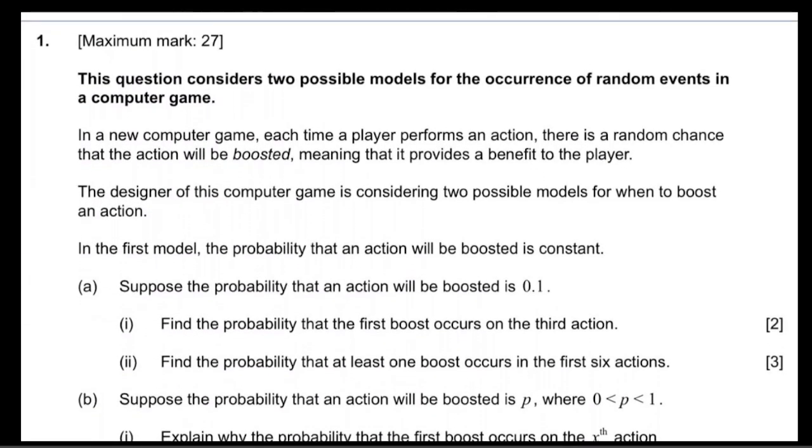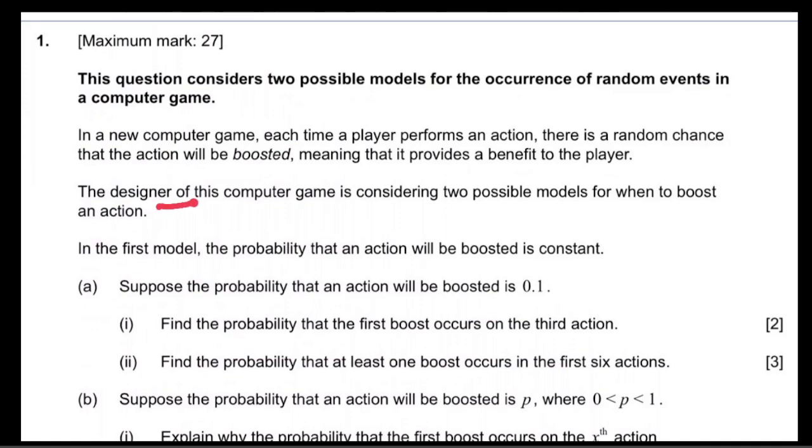It says, consider two possible models for the occurrence of a random event in a computer game. In a new computer game, each time a player performs an action, there is a random chance that the action will be boosted, meaning that it provides a benefit to the player.